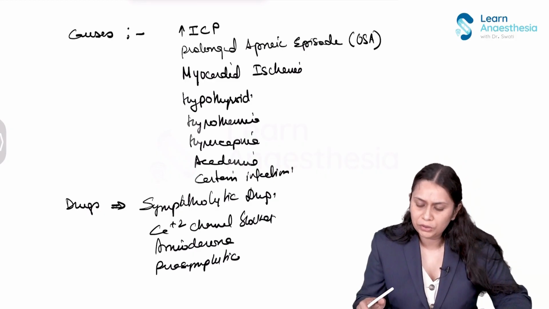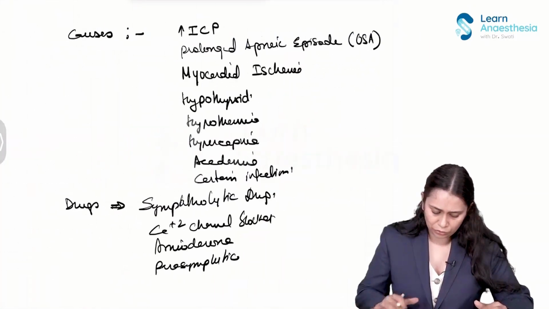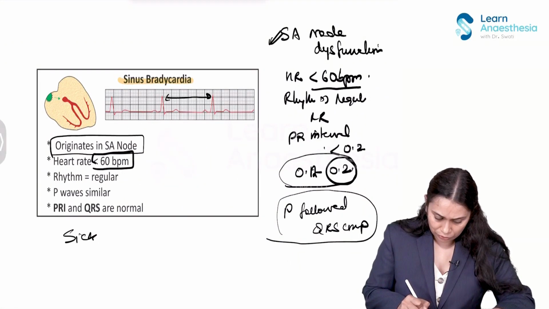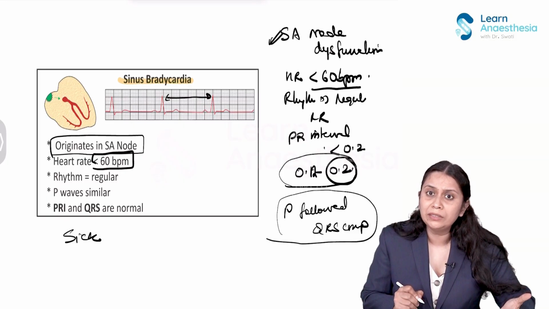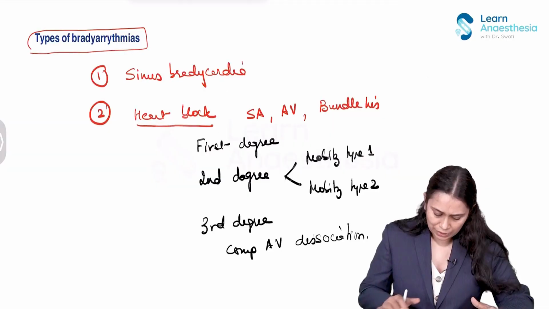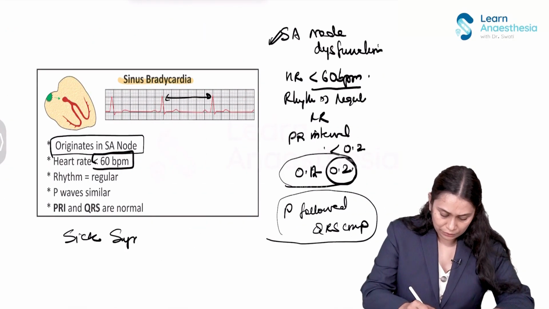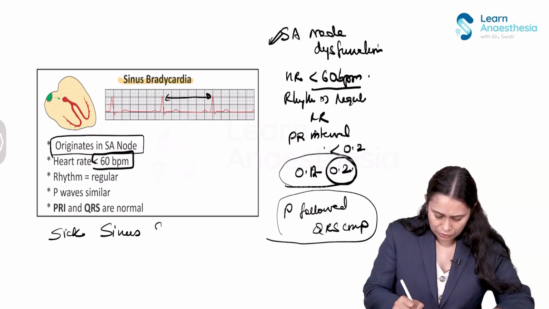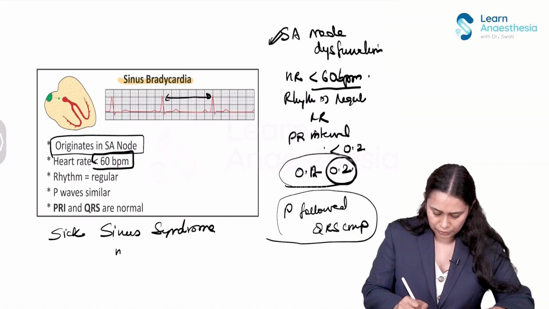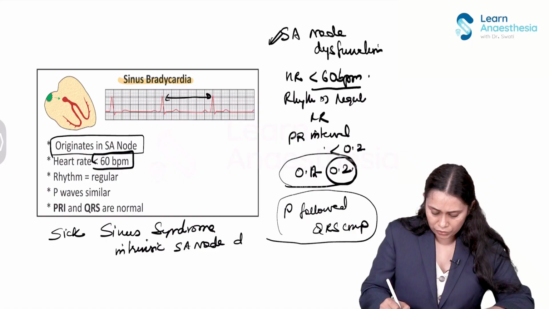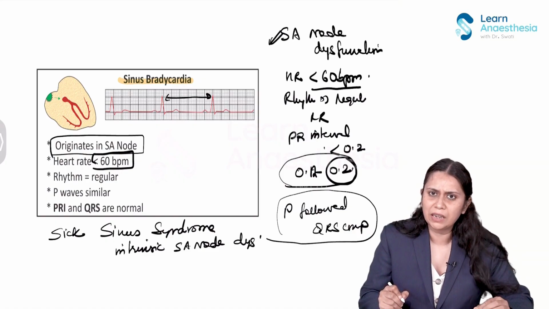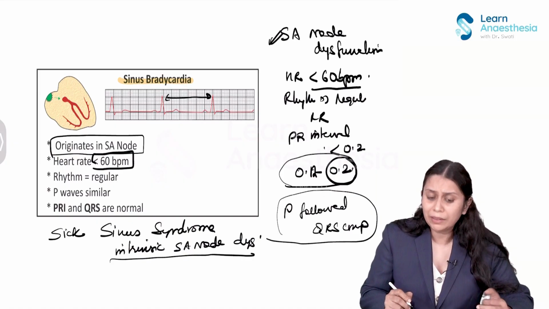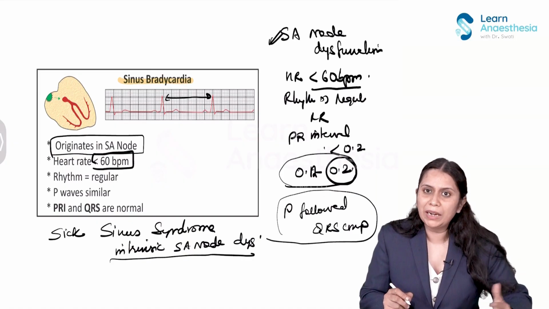Now there is something called sick sinus syndrome. Sick sinus syndrome is intrinsic SA node dysfunction, which may result in decreased cardiac output, right? Then there is something called tachybradycardia syndrome.